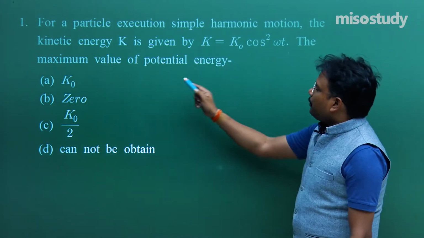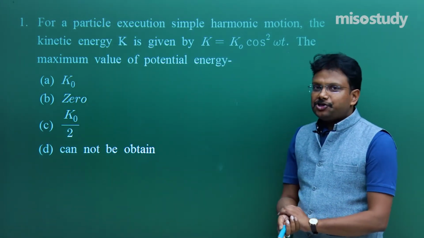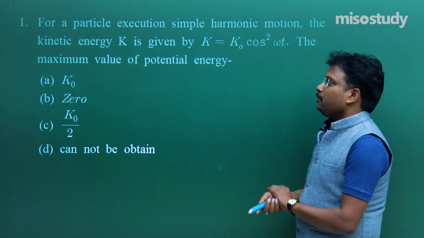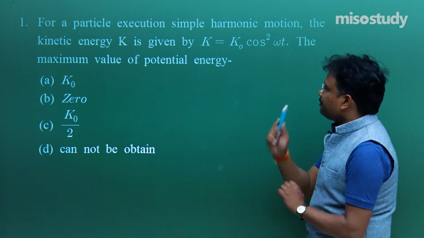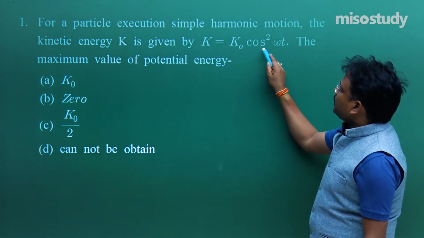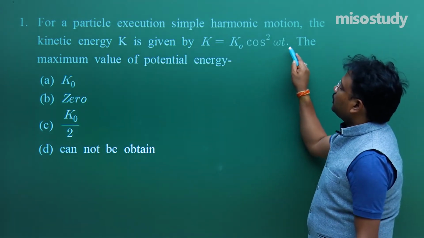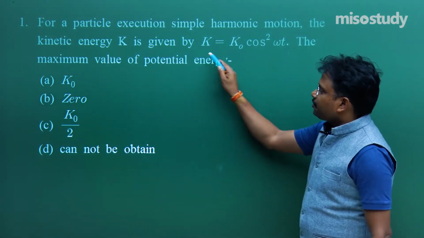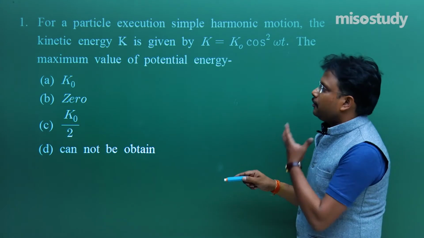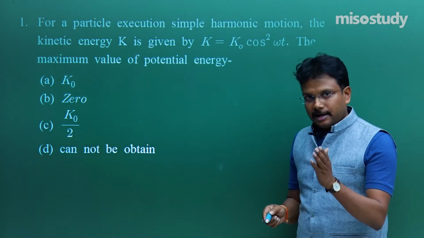Fine. The maximum value of potential energy. This question is important for medical students, the reason being the kinetic energy is given in the form of a sinusoidal function, and they are asking about the value of potential energy.